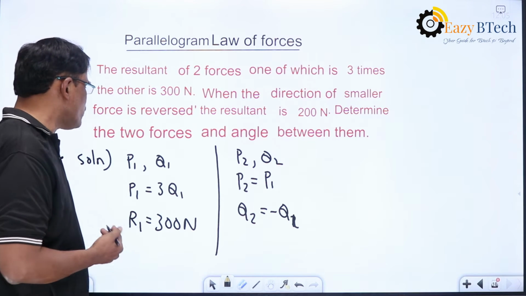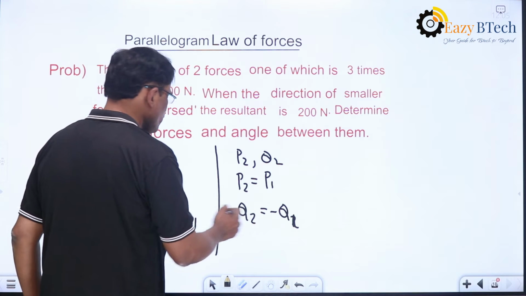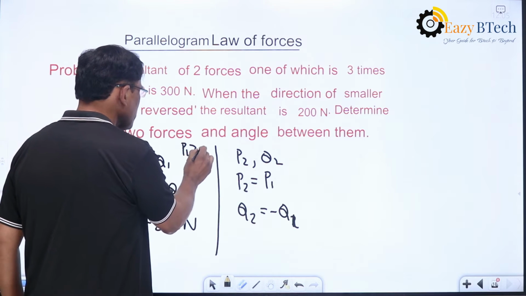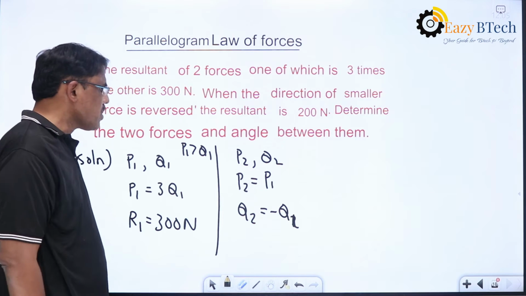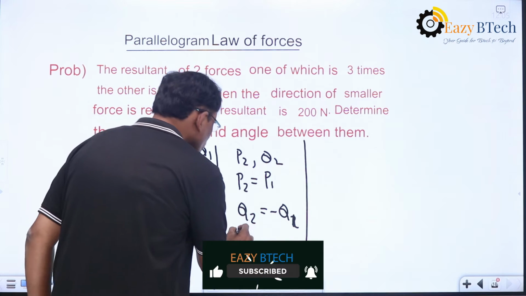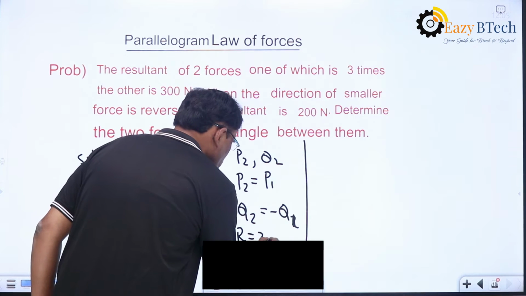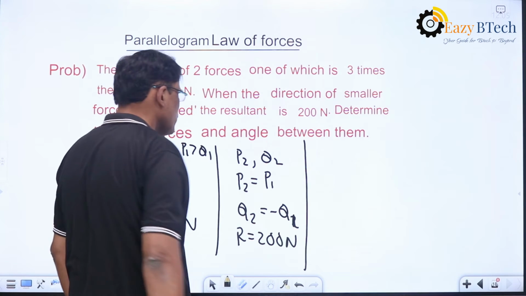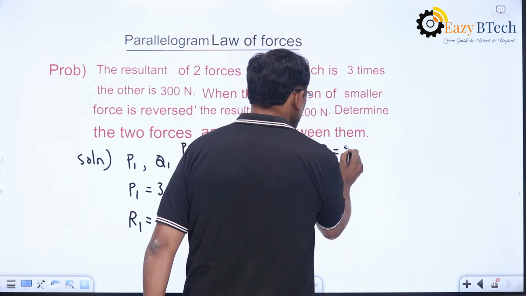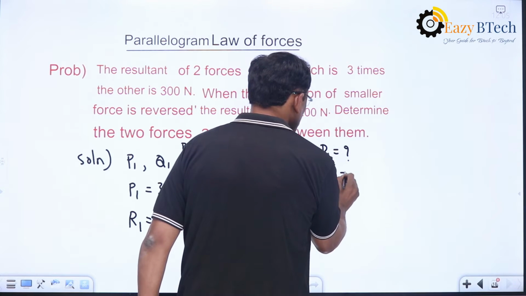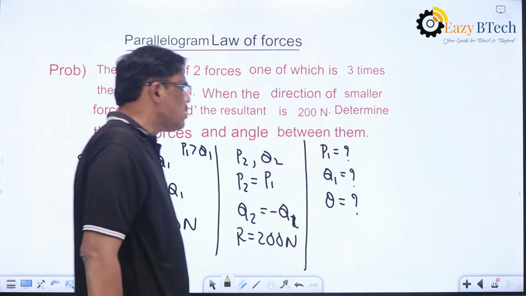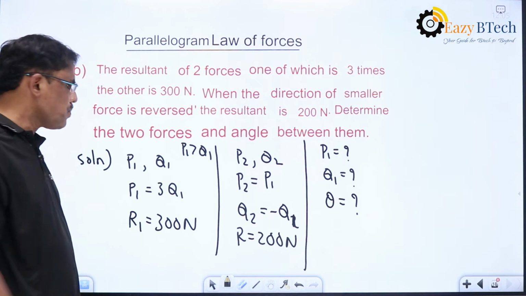The smaller force is changed here, where P1 is greater than Q1. In such a case, the R value is 200 newtons. Now find out what is P1, what is Q1, and what is the angle between these two. So this is the problem.